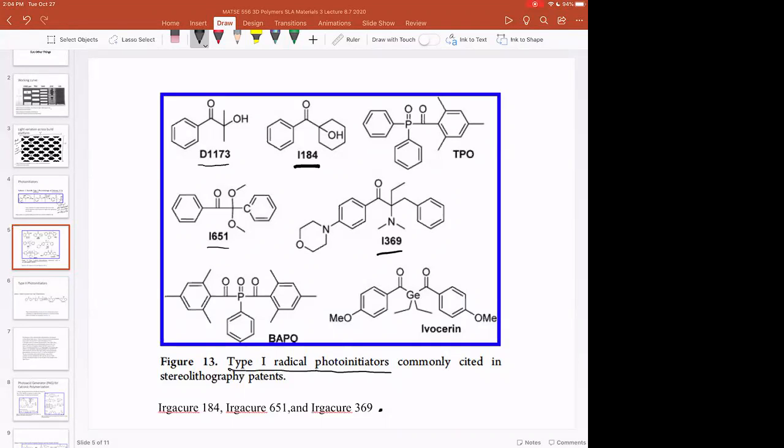You can look up the absorbance spectrum for each photoinitiator. And so all you need is the UV-Vis absorbance spectrum for the molecule.